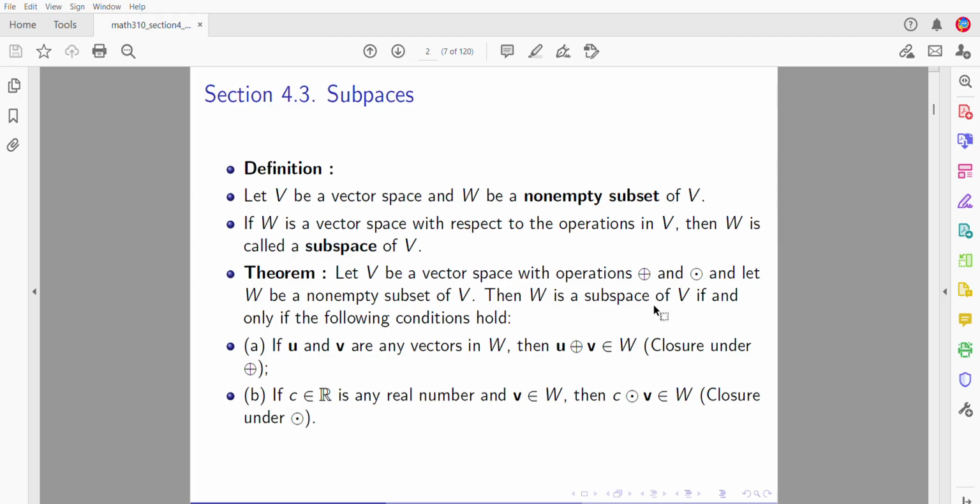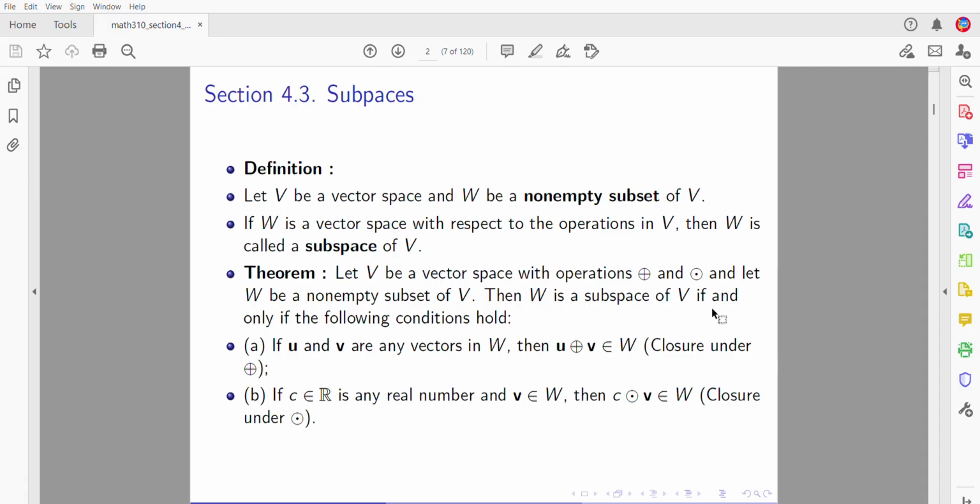That is, W is a subspace of V if and only if just the 2 closure requirements are satisfied. Okay, so let's see the proof. Notice if and only if is a stronger requirement. It has to hold true in both directions.